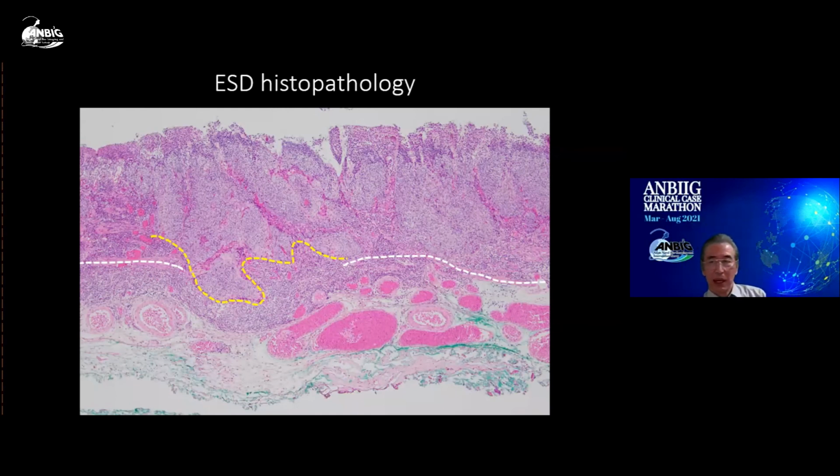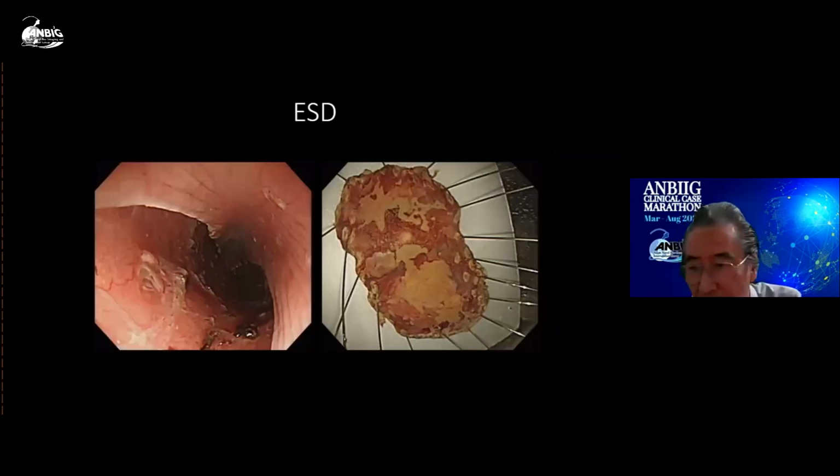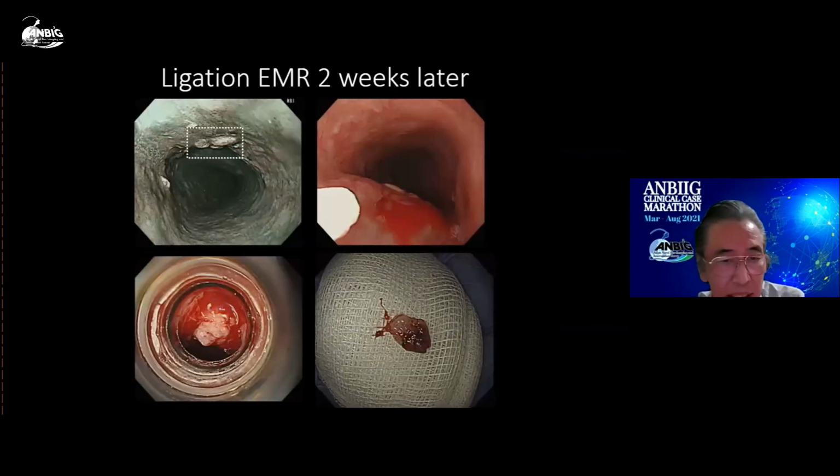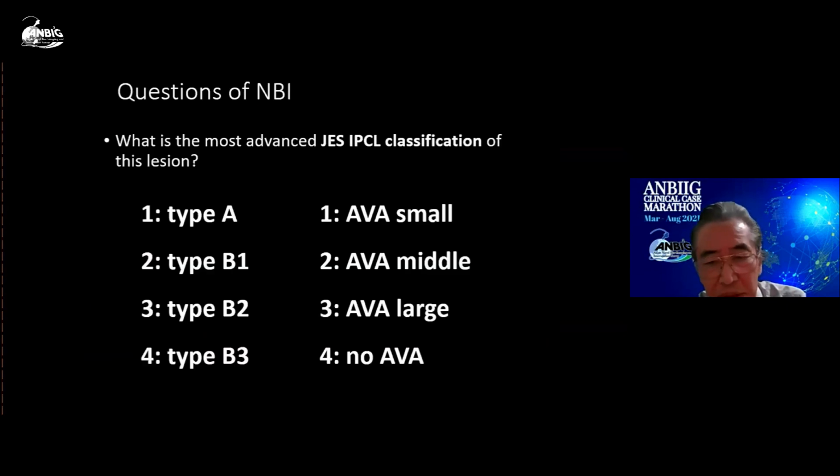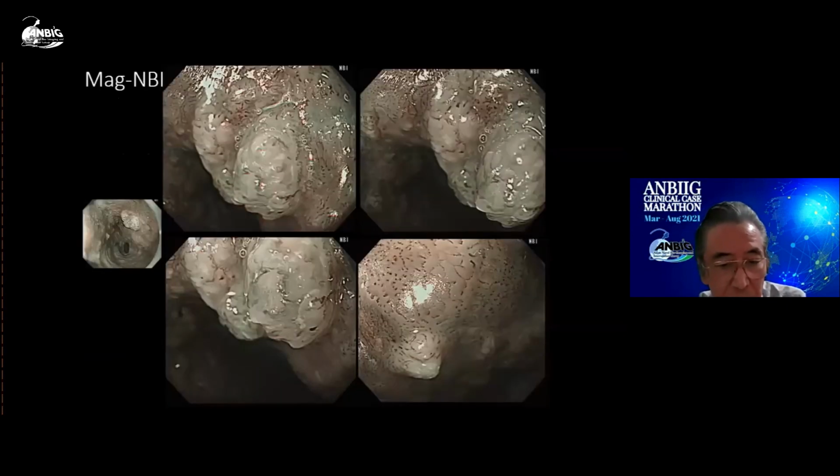Okay. And can I comment a little bit? In the magnifying endoscopic view, I saw the large green vessel. It looks like an elevated component. It looks like a B3.